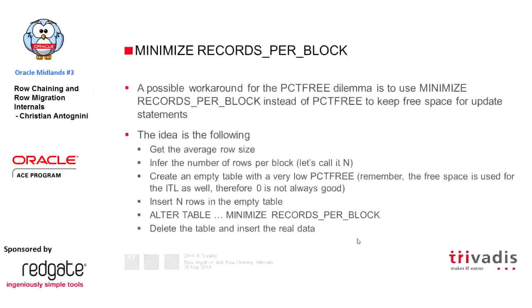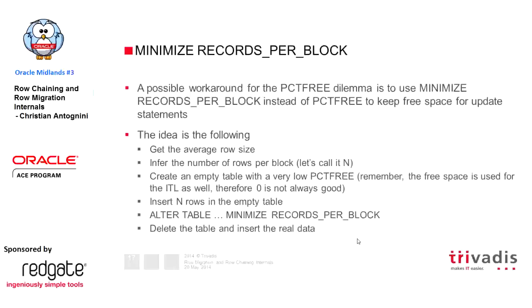So sometimes, if you are really not able to solve the problem in another way, what we can do is use the trick of minimize records per block, something that we don't like to do, but basically this one works in this way. As you have seen, setting PCTFREE high is a problem. So to reduce the number of rows that we put in one block, what we could do is just have an idea what is the average row size when the rows have the maximum size.